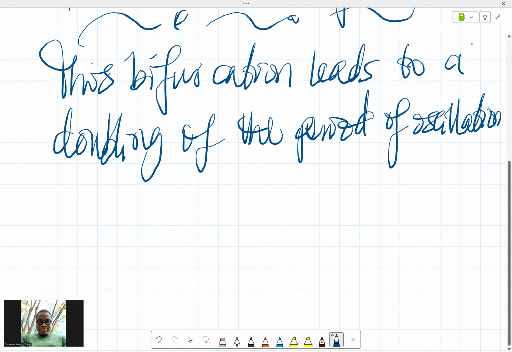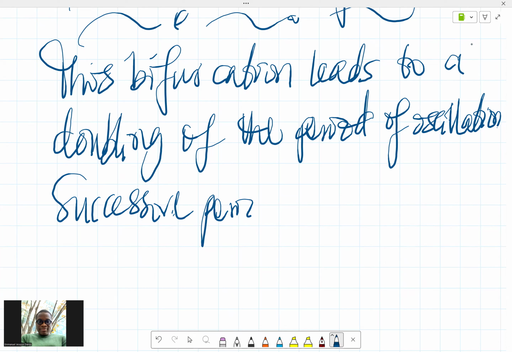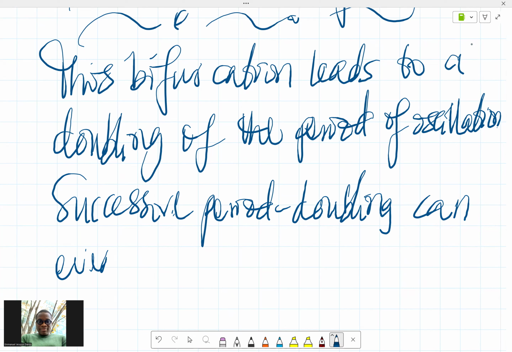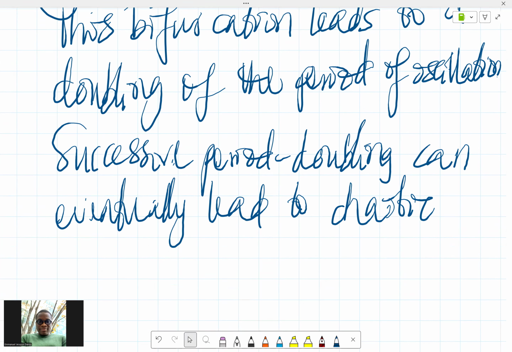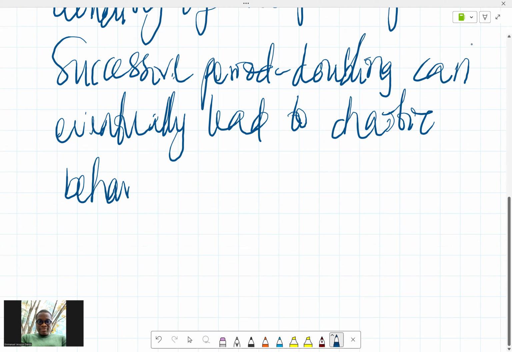In that case, successive period doubling can eventually lead to chaotic behavior. It's a kind of chain reaction. One becomes two, two becomes four, four becomes eight, eight becomes 16, 16 becomes 32. And before you know it, the whole place is crowded. That's the idea of period doubling bifurcation.